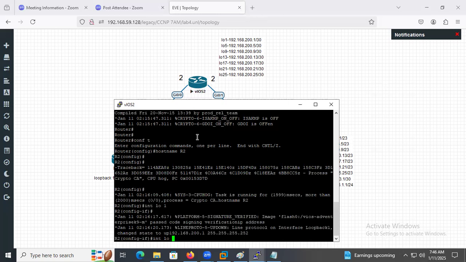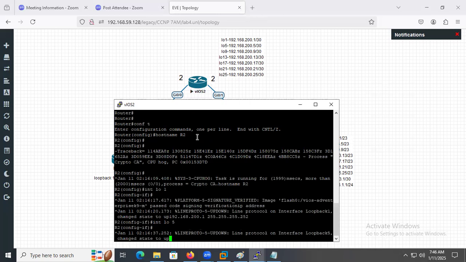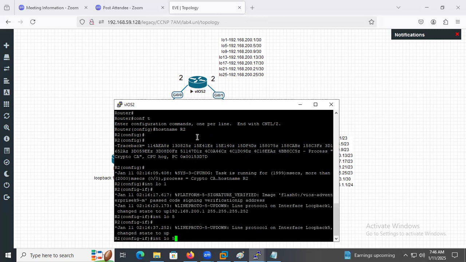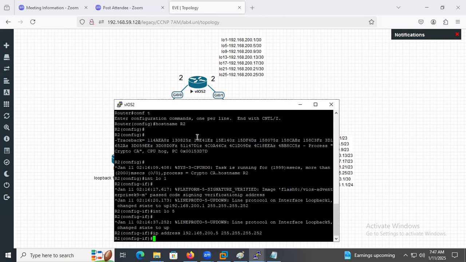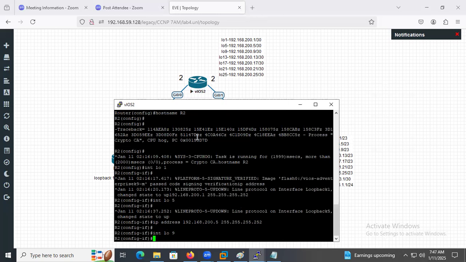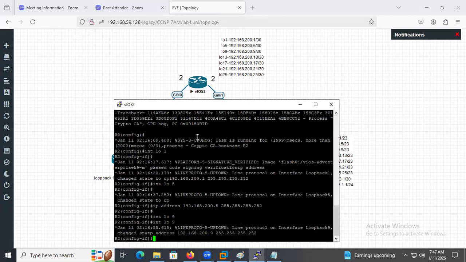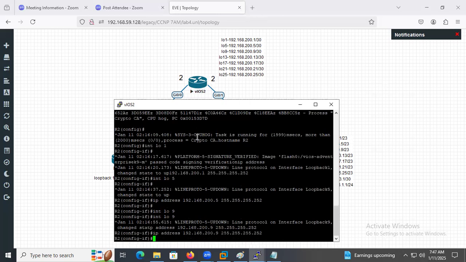Interface loopback 5, loopback will be up, it is 200.5. Loopback 9, this is the IP address.